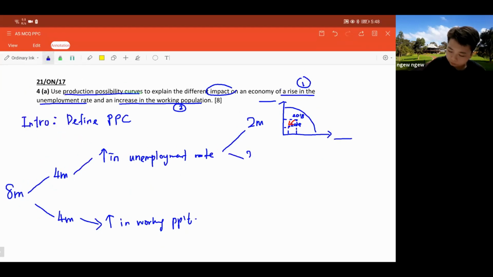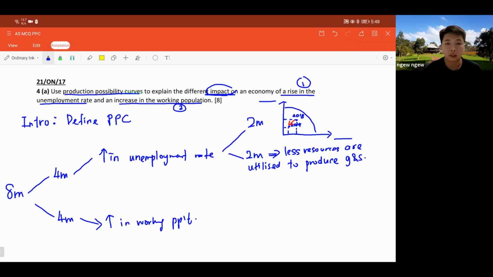okay? Because they ask about the impact, right? What is the impact on the economy? So you just mentioned whereby when there's a rise in unemployment rate, meaning that less resources are utilized to produce goods and services.